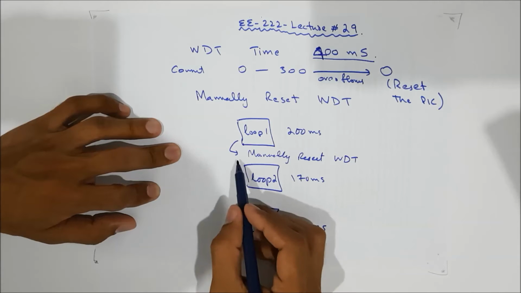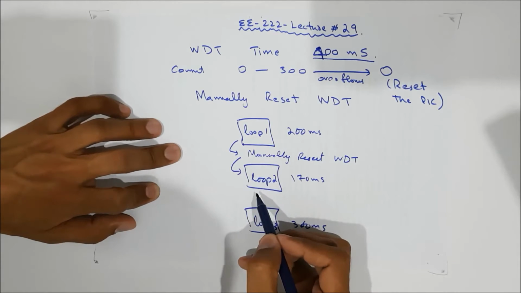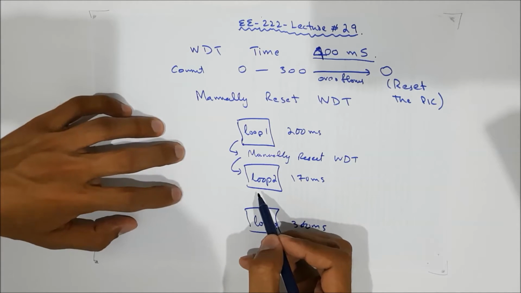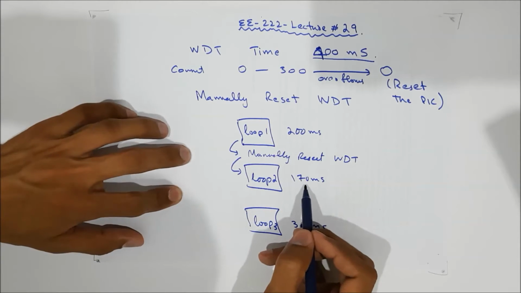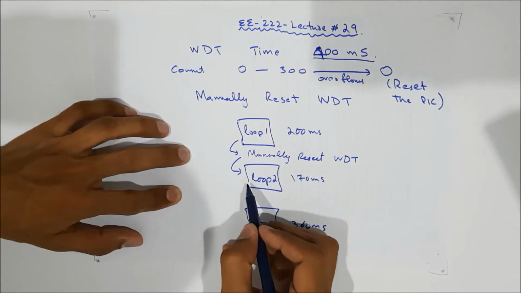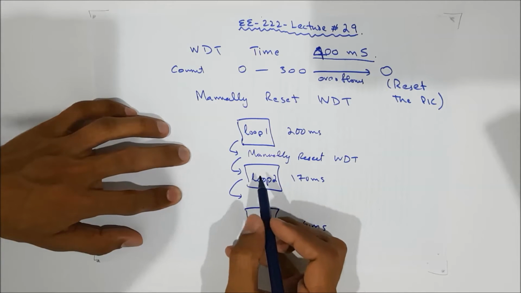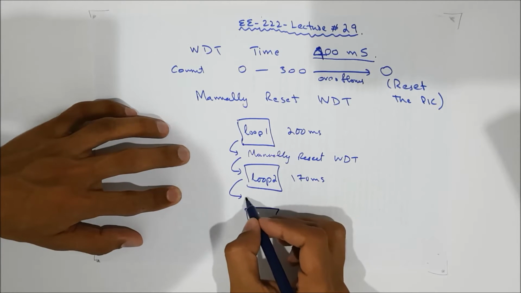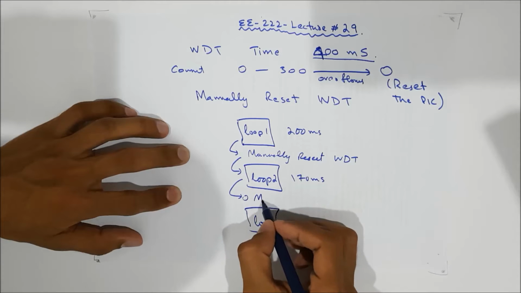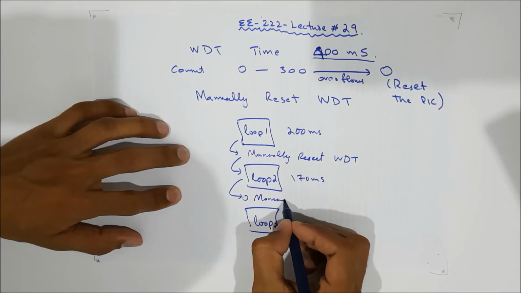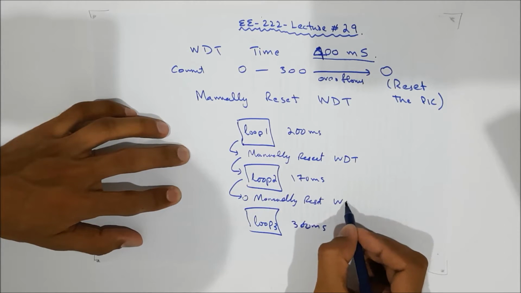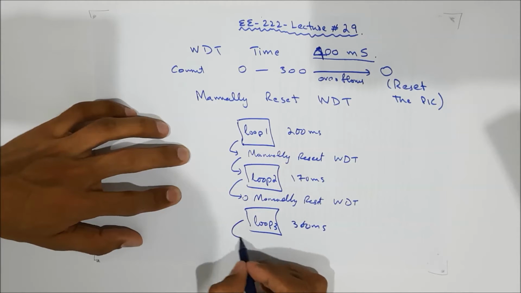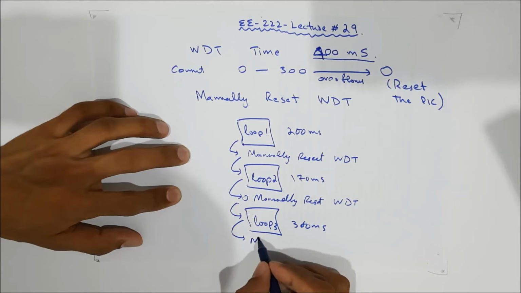Then the program will enter the second loop, and if it runs as expected, it will take just around 170 milliseconds to run this loop. It will be finished and the program will come out of the loop to this point, and at this point you will again manually reset the watchdog timer, and again the same goes for this loop.